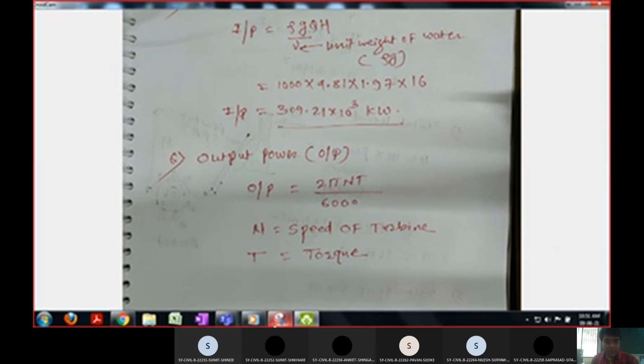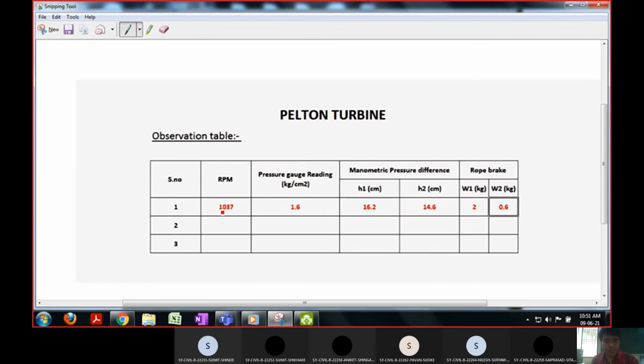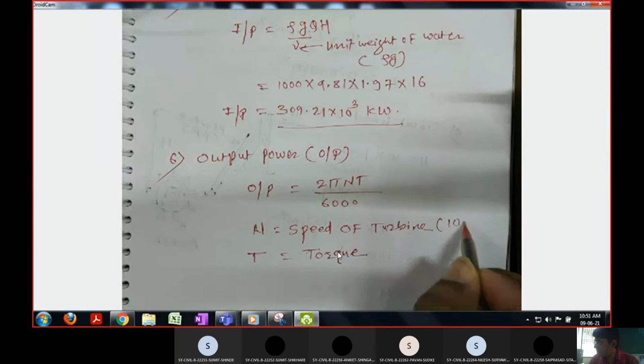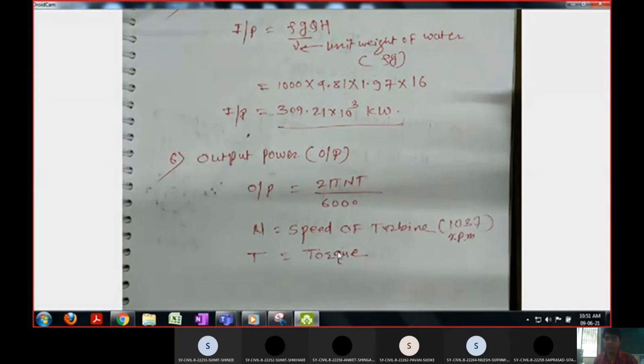Now in the observation table, see here we have taken the speed 1037 RPM, revolutions per minute. This is the speed, but we don't know the torque. Now how will you calculate the torque?